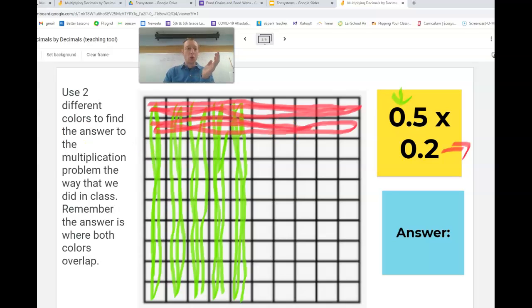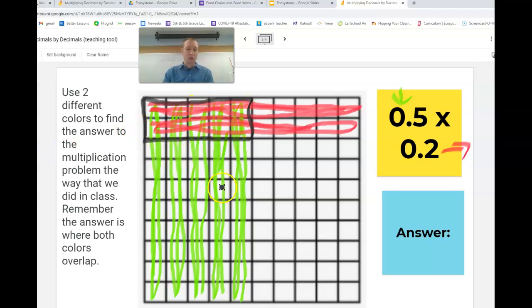Now what's my answer? Well, my answer is the part that's overlapping, right? The piece of a piece. This is my answer. All right, so how do I count that up? Well, these are hundredths, right? Each little box is a hundredth. So how many hundredths do I have? 1, 2, 3, 4, 5, 6, 7, 8, 9, 10.